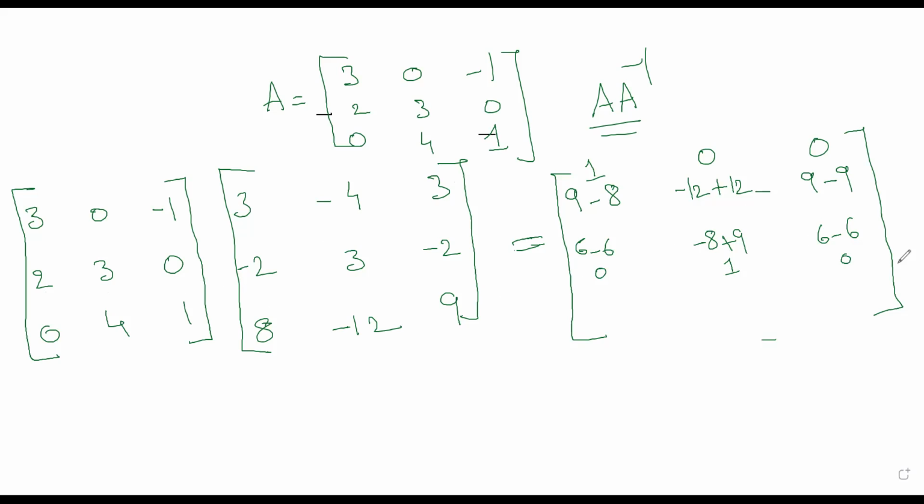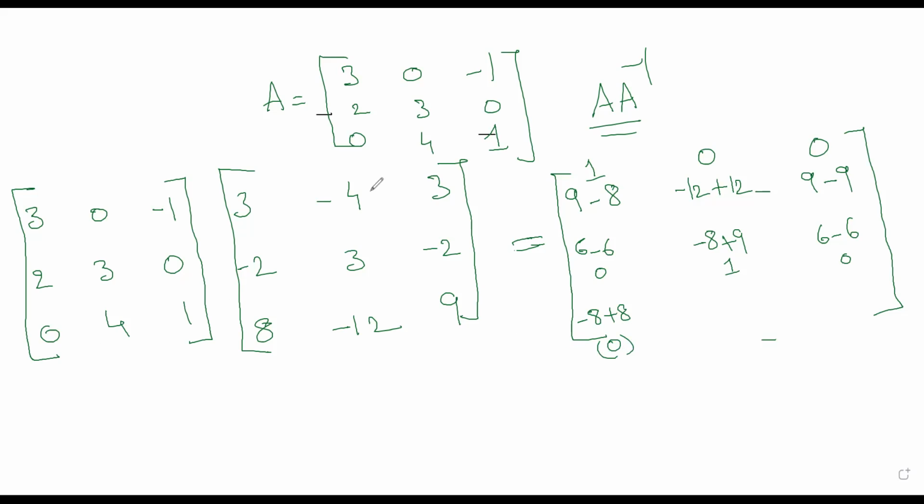Clear? This part? Okay. Now, let's try the next one. You will get 0, 0, 1. Just check it. 0 into 3, 0. Minus 8 plus 8, 0 here.